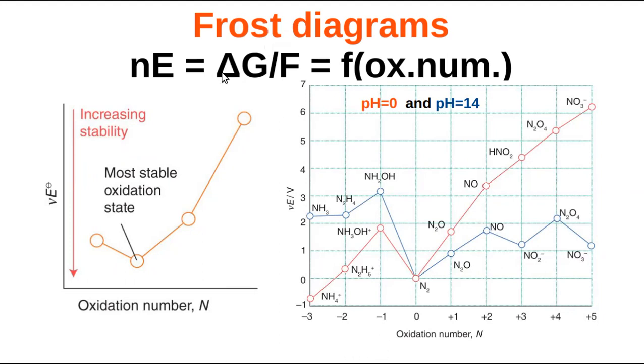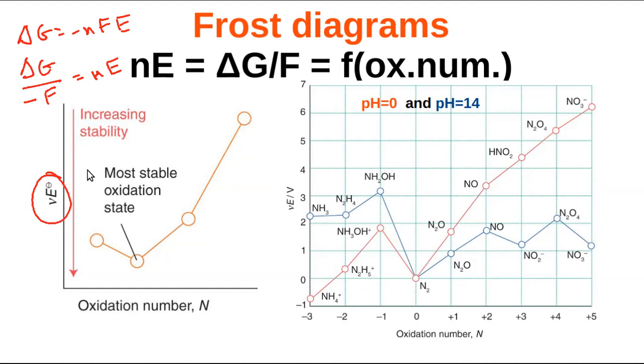So, we had delta G equals minus nFE. If you divide this delta G by minus F, then you would get something called nE, and this is what is given here in the Frost diagrams.